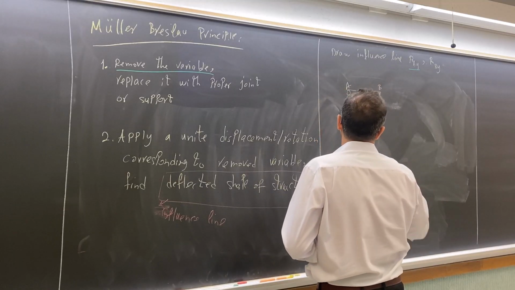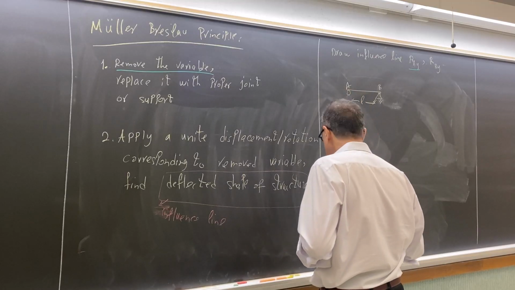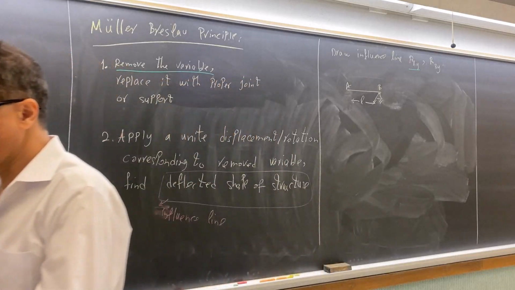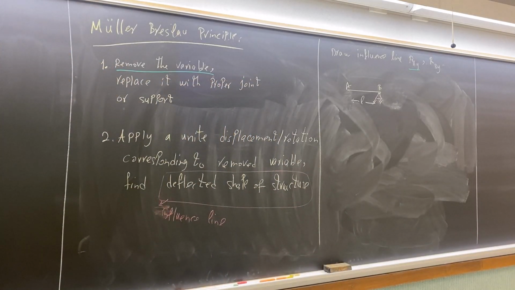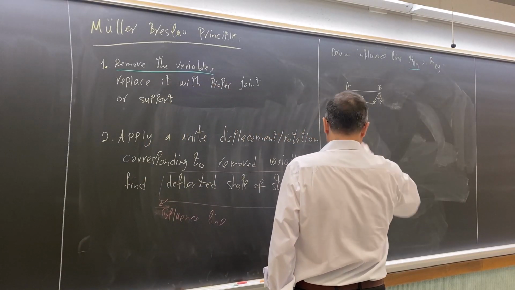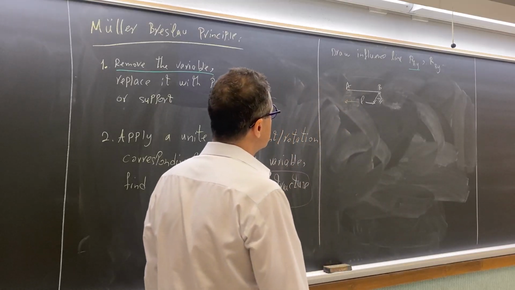We remove it. If you remove RA, the reaction at point A, basically you end up with this. So point A is free and you don't have any variable or reaction. Okay, this is step number 1.